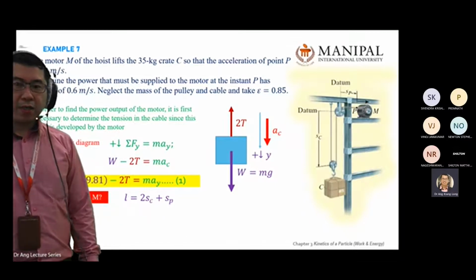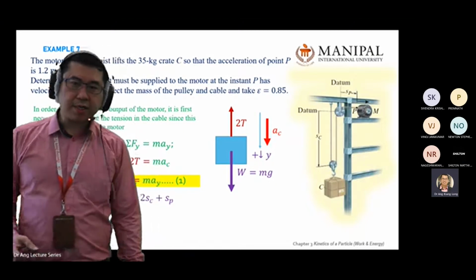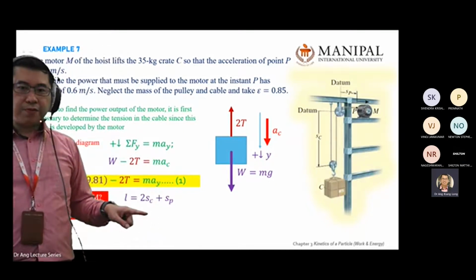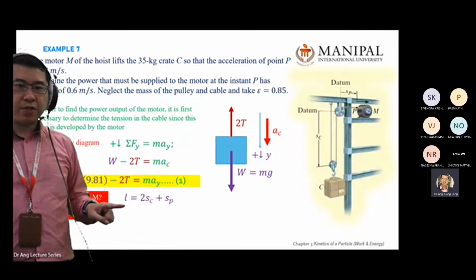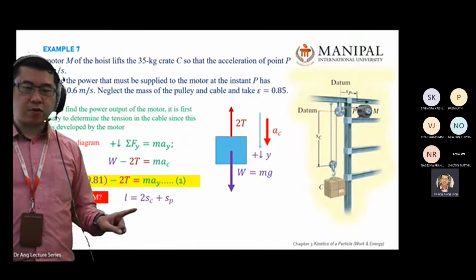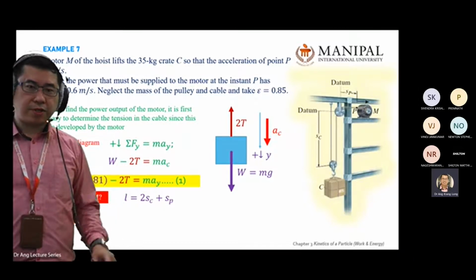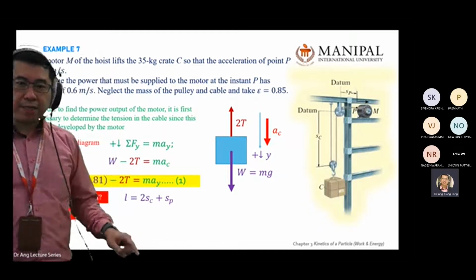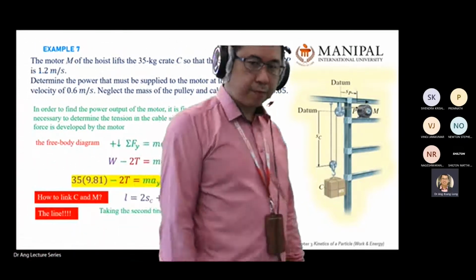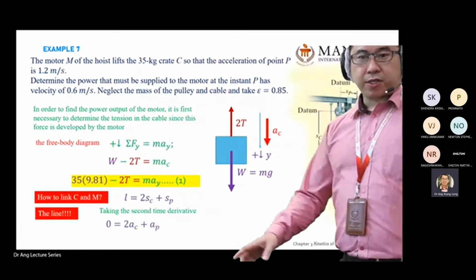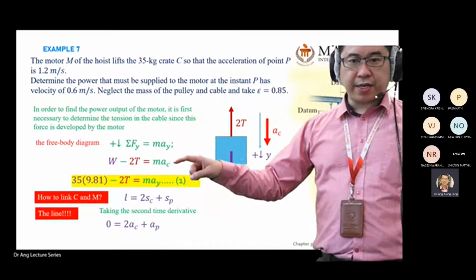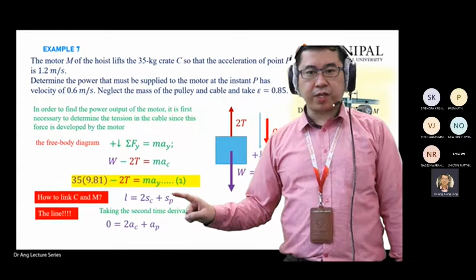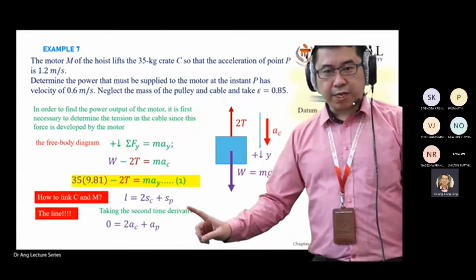All right. So in this case, when you differentiate over time, from this equation you can find the velocity and also acceleration, as what we practiced in the pulley chapter. Because we want to find the acceleration, we differentiate two times over time.